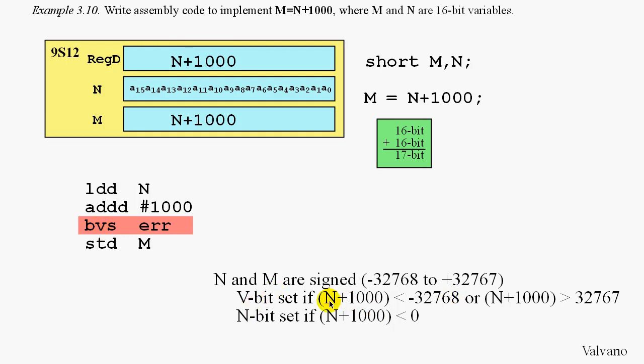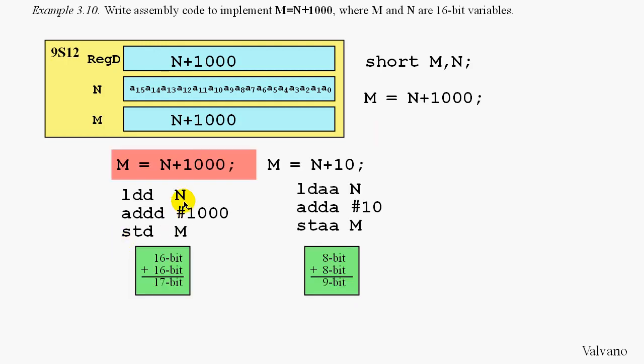In particular, if n plus 1000 were less than negative 32,768, or n plus 1000 were greater than 32,767. And if we wanted to, we could test the V bit after an add and branch to an error condition if the result that we got was incorrect.